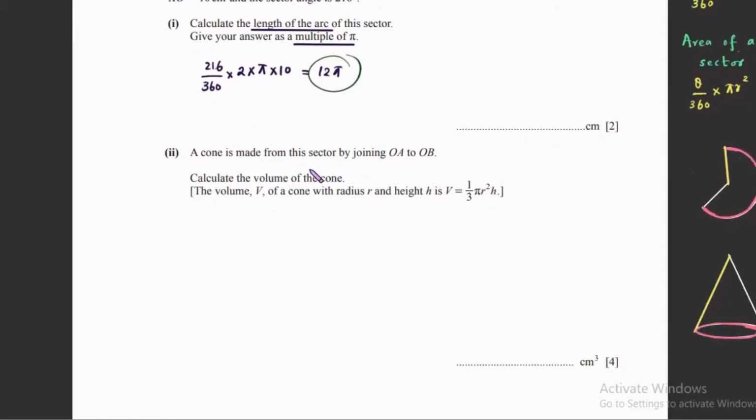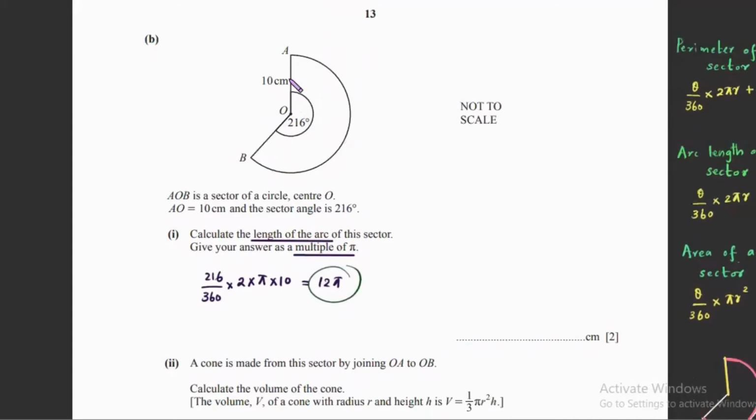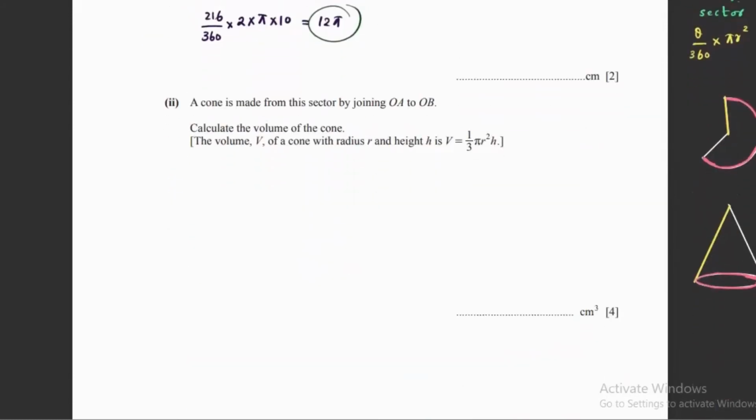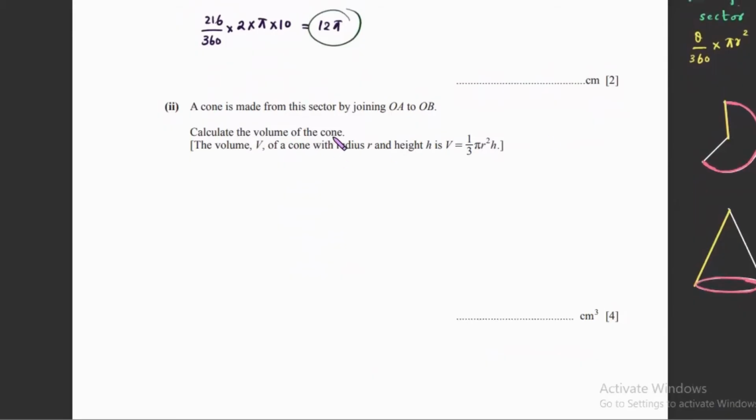Part 2. A cone is made from this sector by joining OA and OB together. So that is, the radii of the sector that is given here are connected together. Both the radii are connected together. Calculate the volume of the cone.